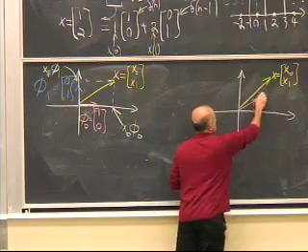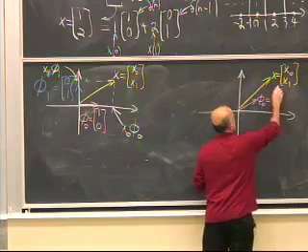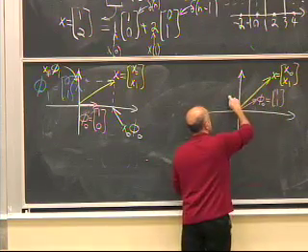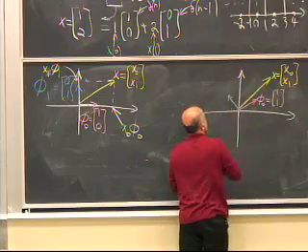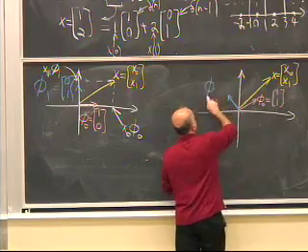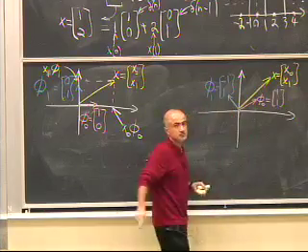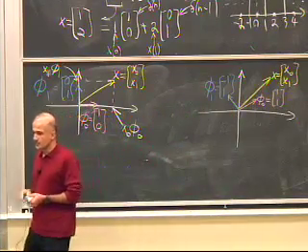So let's say this is phi 0, which is 1, 1, and phi 1, which is minus 1, 1. What do I do then?